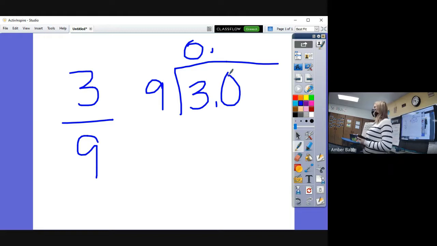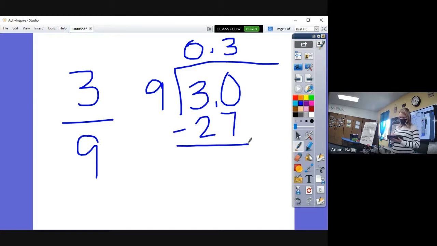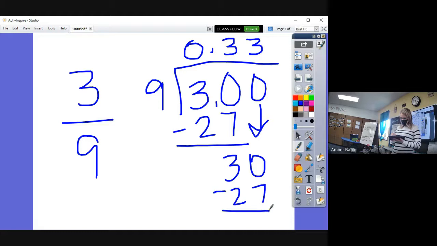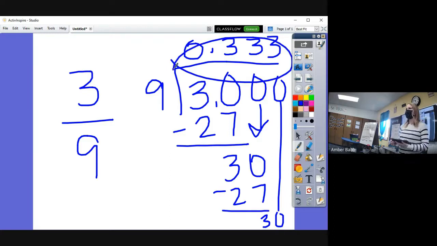How close can I get? 30 divided by 9. They're telling me 3. What is 9 times 3? 27. When I subtract 30 minus 27, I get another 3. It's going to keep on going. So 3/9 is the same as 0.333 repeating.